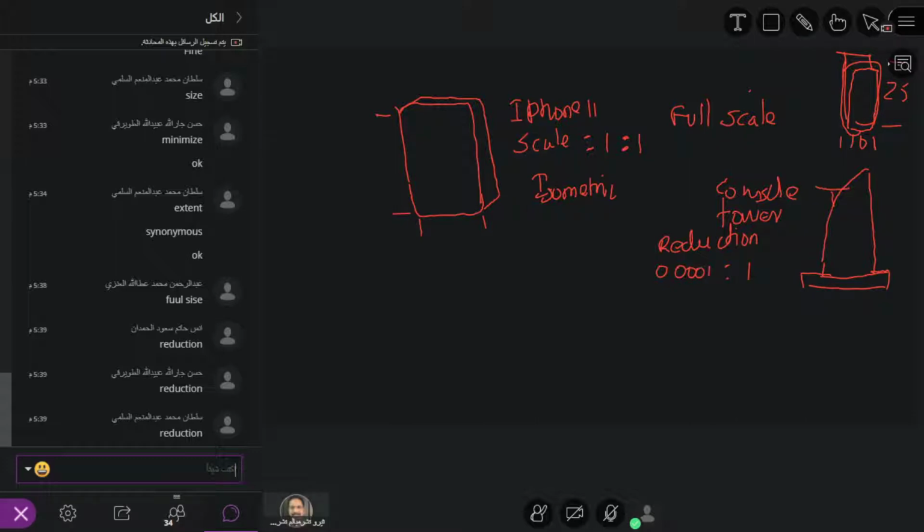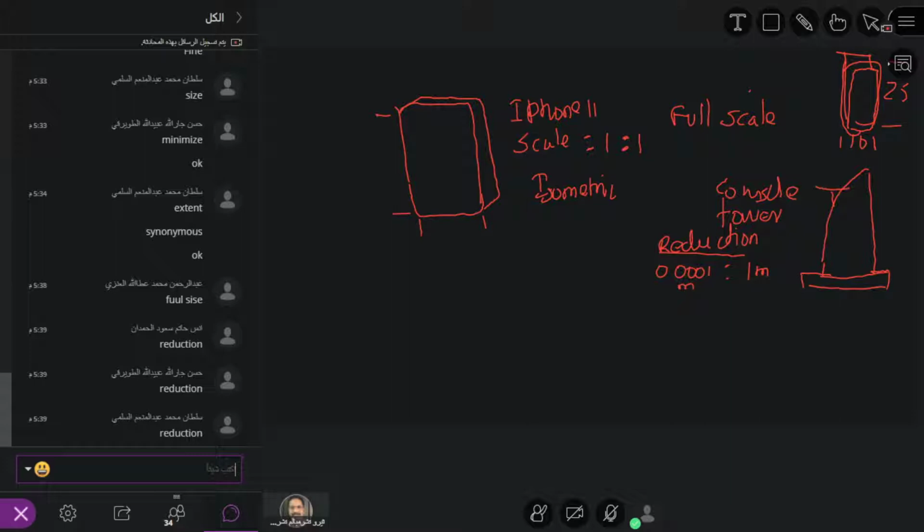If I put 0.0001 meters, then this will show 1 meter. So this is the ratio for reducing the scale, and I still keep the shape, but the scale is different. So this is the reduction scale. I think now you understand.